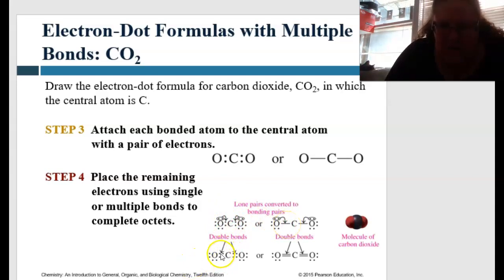When they're stacked like that, that is going to be the double bond. Personally, I like the equal sign for a double bond, but that's just me. And this is basically what we're going to end up doing. The reason we made that double bond is because that carbon needed to have more electrons filled, and we didn't have enough. So that is how we are going to do that.